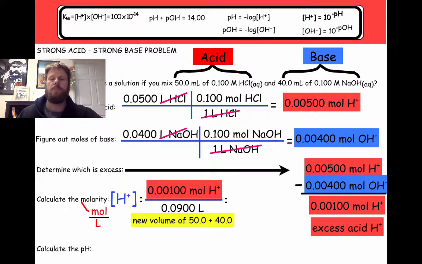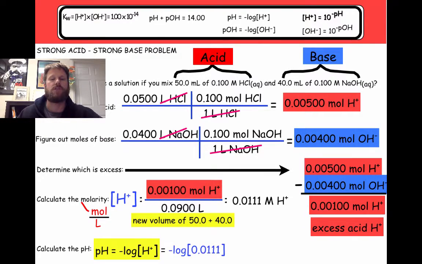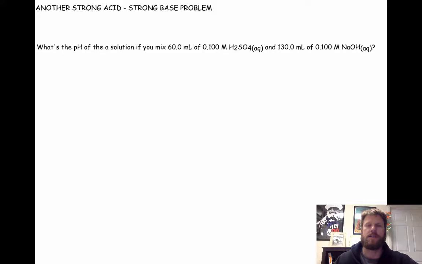That's 50 milliliters plus 40 milliliters. And then I get my new concentration of 0.0111 molar H plus. So then to calculate the pH, I simply take the negative log of that concentration and I get 1.95 for my pH.